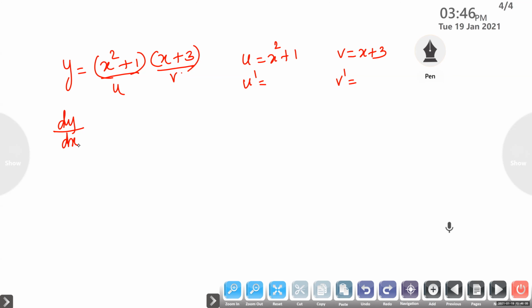Three x squared plus 6x plus 1. Can you give what u dash is? U dash is 2x and v dash is 1.